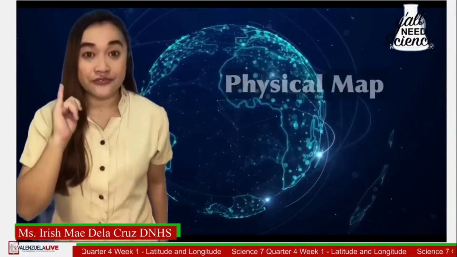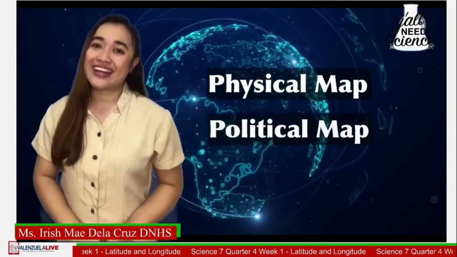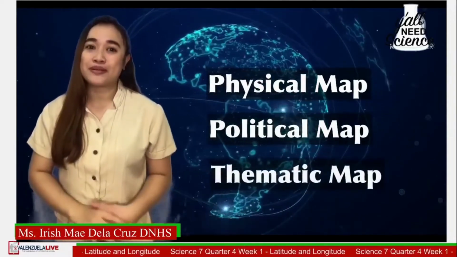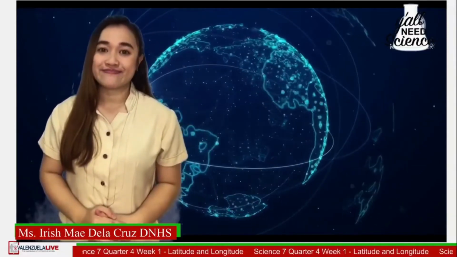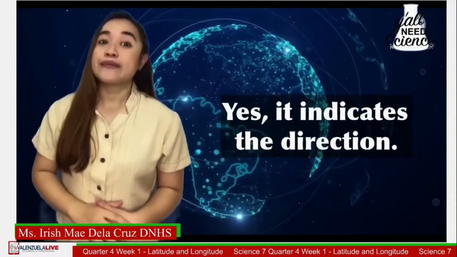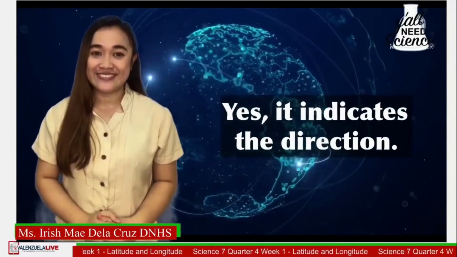We have the physical map, the political map, and the thematic map. Does the compass rose have an important use in a map? If yes, why? Yes, because it indicates direction.